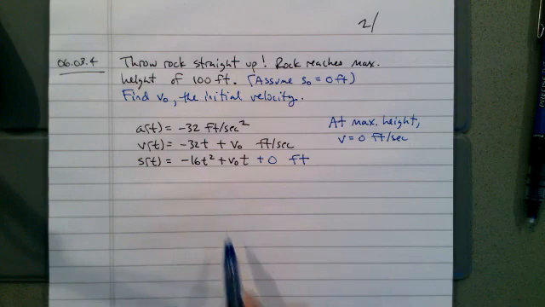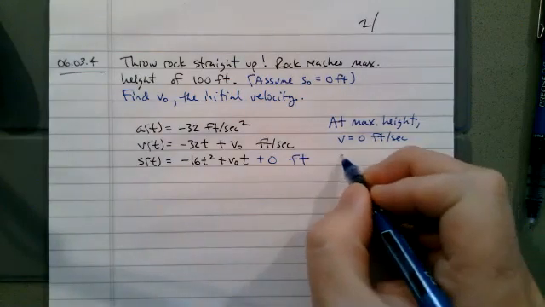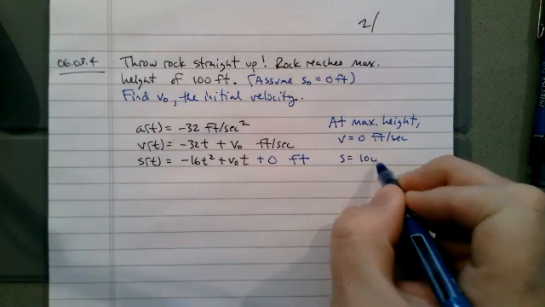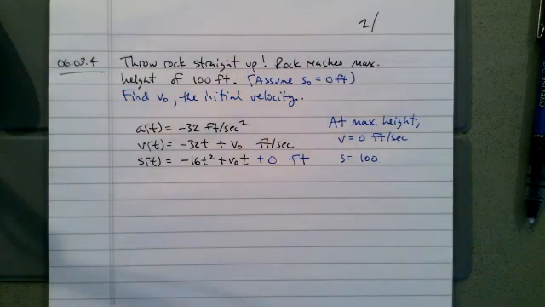That's the maximum height, when the derivative is equal to 0. And s of t is equal to 100. So this gives us a system of equations. We get negative 32t plus v naught is equal to 0, and negative 16t squared plus v naught times t is equal to 100.